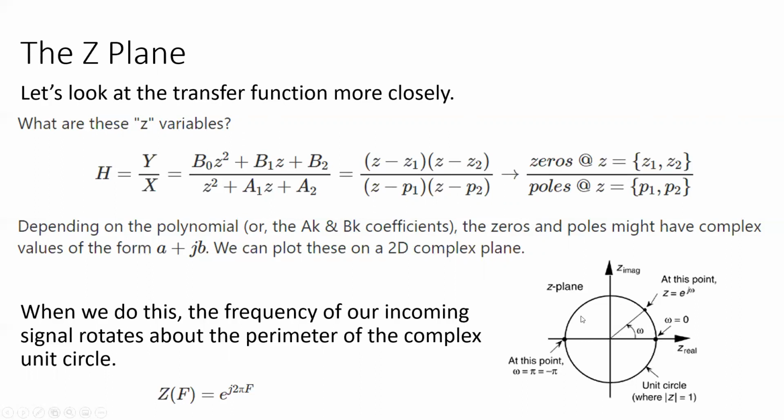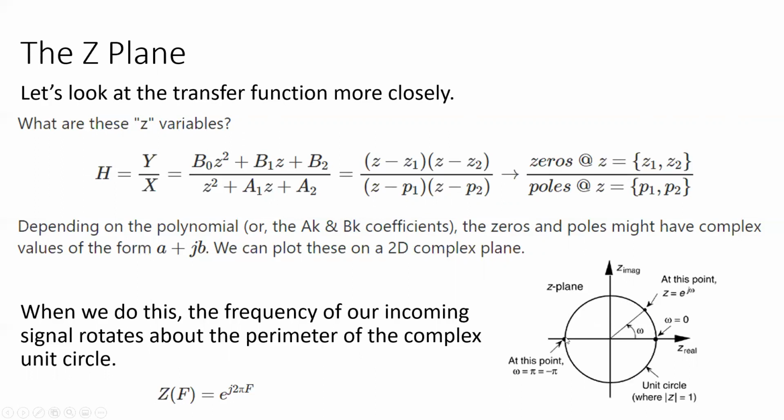But when you're actually evaluating the transfer function at different frequencies, your frequency lives on the perimeter of the unit circle here. It starts at 0 for the frequency omega, and then it goes around here.